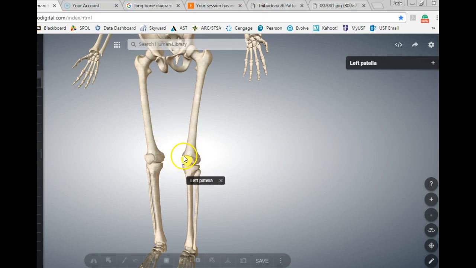And then we have our patella here, which some consider to be in that sesamoid bone category. So again, left side and right side. So here is the right femur, right tibia, right fibula, and right patella.